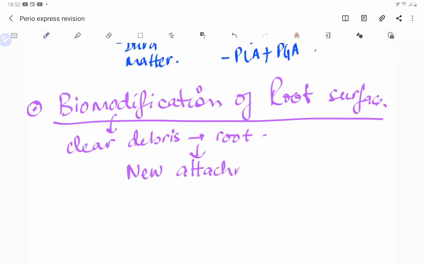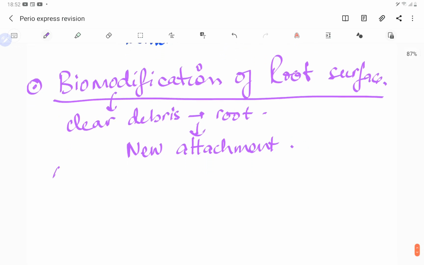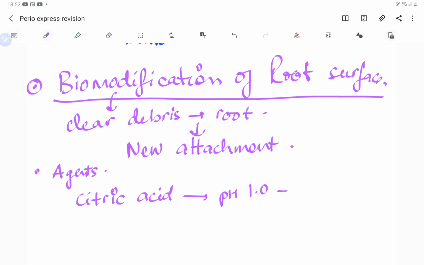And how do you achieve that, guys? How do you do it? There are certain agents for biomodifications. So what are the agents for biomodifications? Citric acid, which is the most commonly used at a pH of 1, and it is used for 2 to 5 minutes.